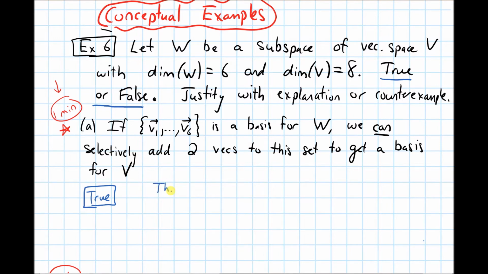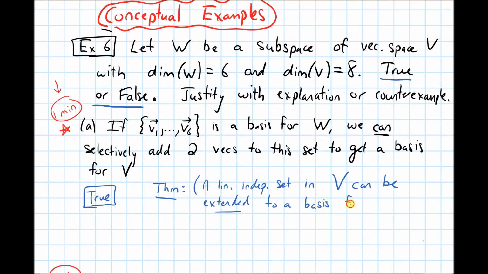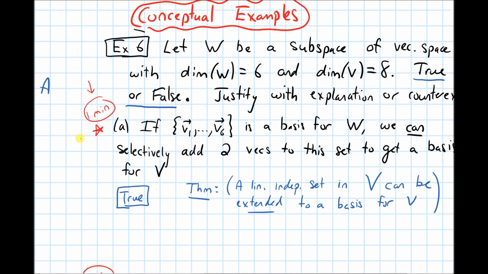So here is the theorem that I was sort of alluding to. The theorem is, if we have a linearly independent set of vectors in whatever vector space we're talking about, so if we have a linearly independent set in V, this can always be extended to a basis for V. So the picture for this is, if I have this circle representing my vector space V, and then W is some subspace within that.